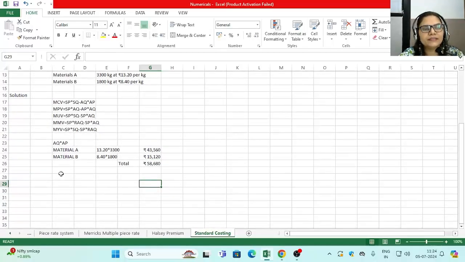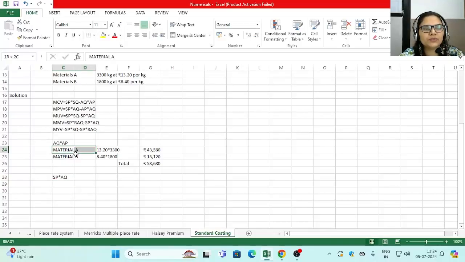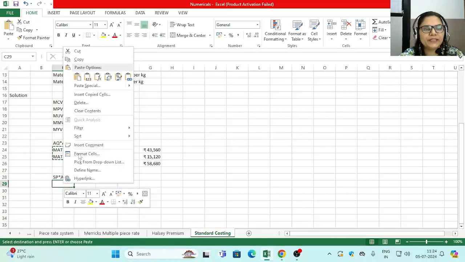Now next is SP into AQ. That also we will calculate for material A and material B separately.